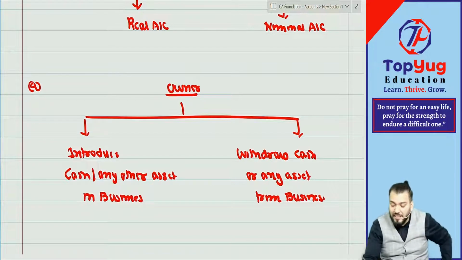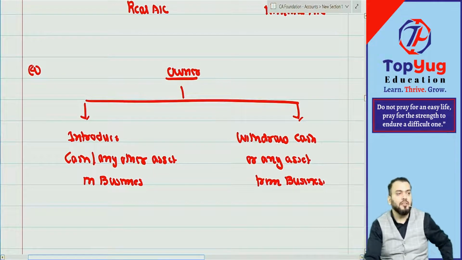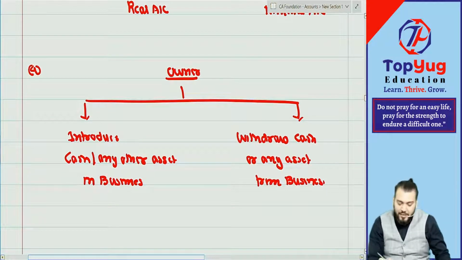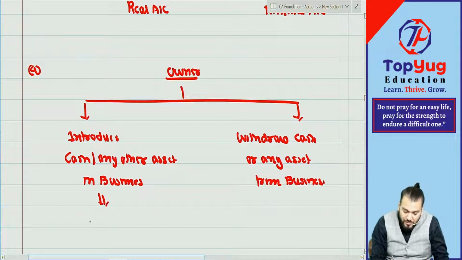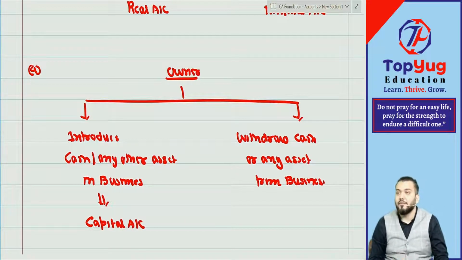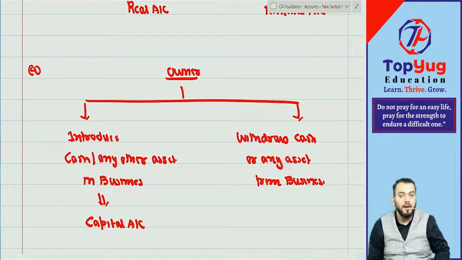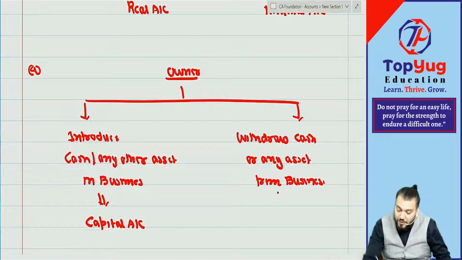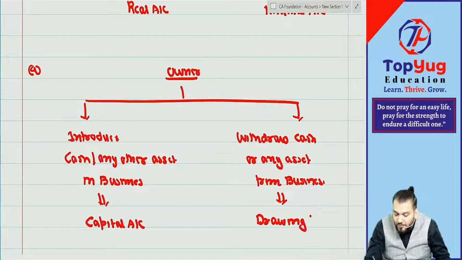Whenever he introduces either cash or any other asset, which account will we use? Capital account. But whenever he withdraws something, which account will we always open? Drawing account.